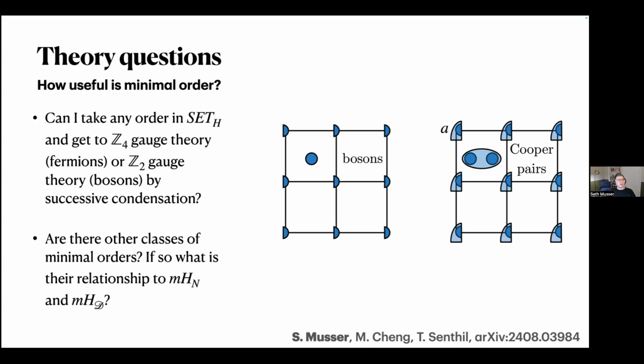No, I do not. I think that actually might be a great way to try to address this question of, is every SET just built in some simple way from the minimal one?